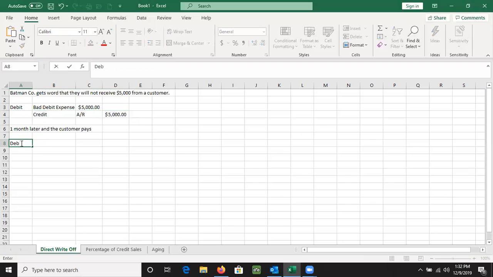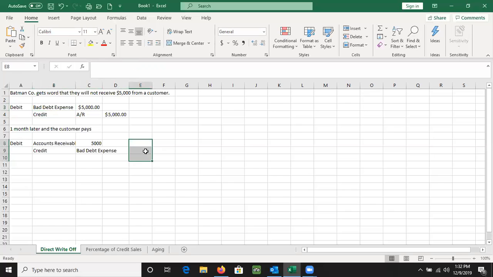So you're going to debit accounts receivable, 5,000. You're going to credit, you're going to undo the bad debt expense. I just realized I wrote bad debit expense up here. It's bad debt expense. Credit bad debt expense down here. So undo what you originally did.